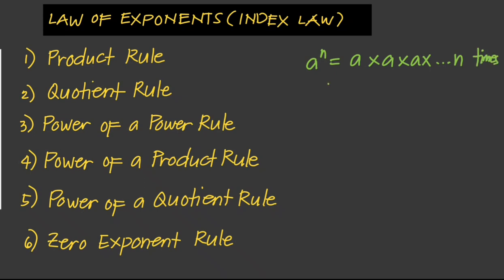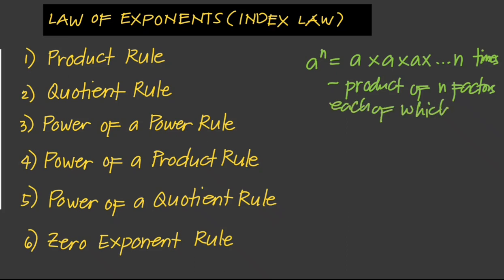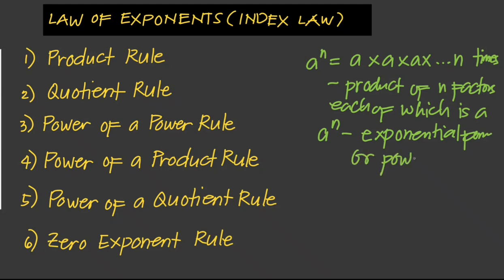So a to the n here is the product of n factors, each of which is a. So we call a to the n here the exponential form, or power notation.